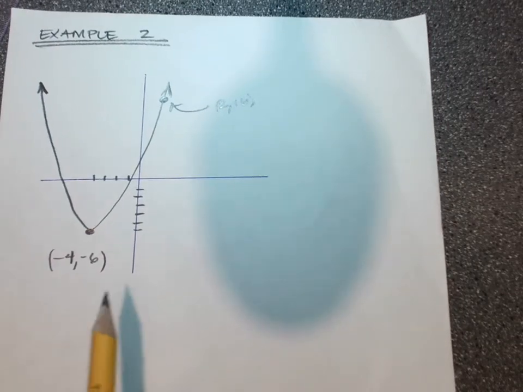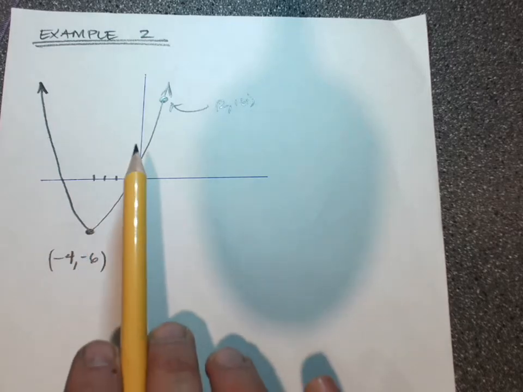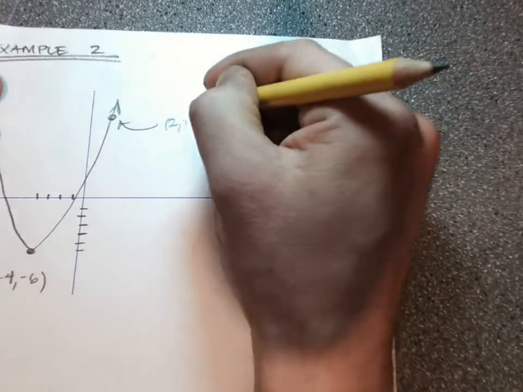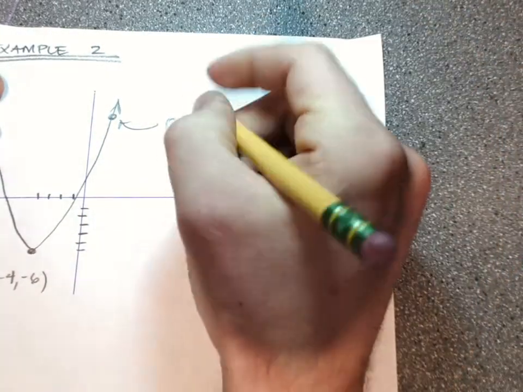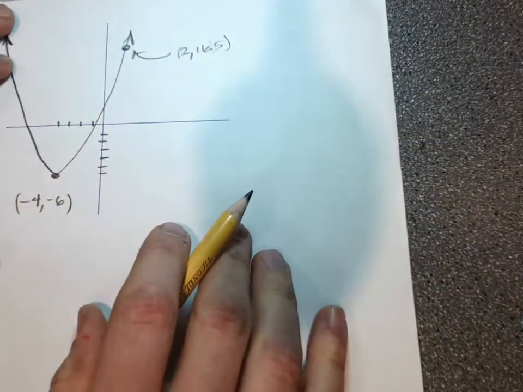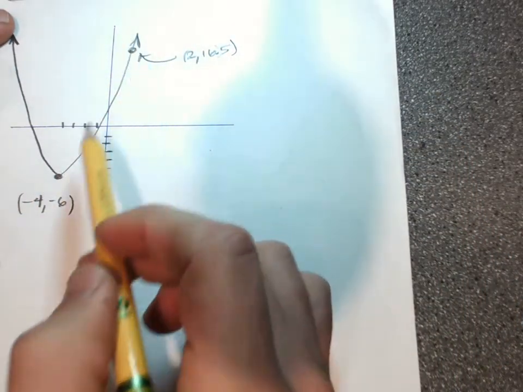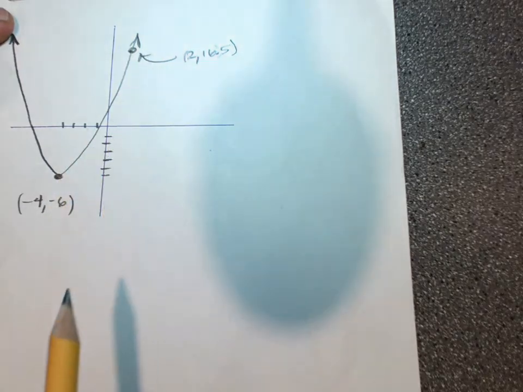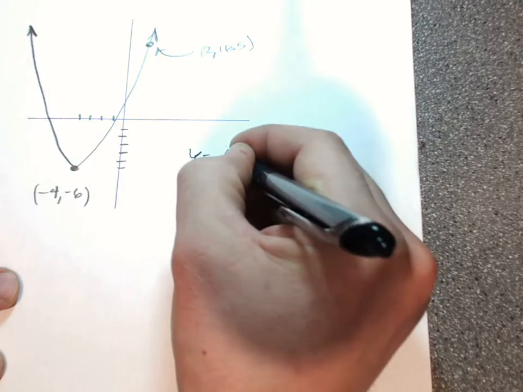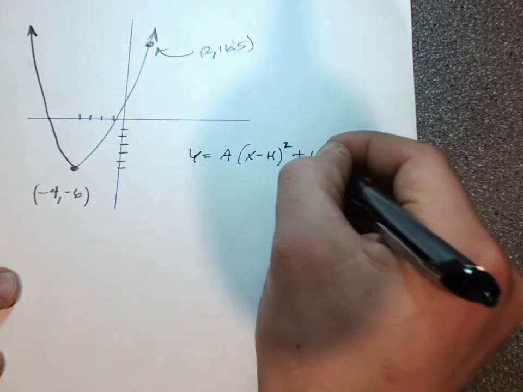Okay, example 2, we have only the vertex and some random point over here, (2, 16.5). So that is located on the parabola. We know if we plug that in, it'll work out. Let's set this up here in the vertex form. It is a(x minus h) squared plus k.